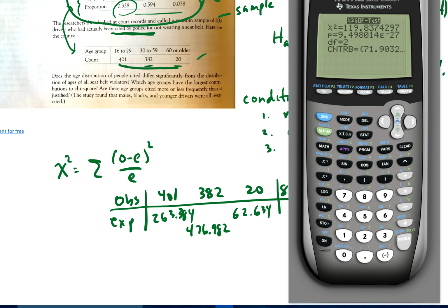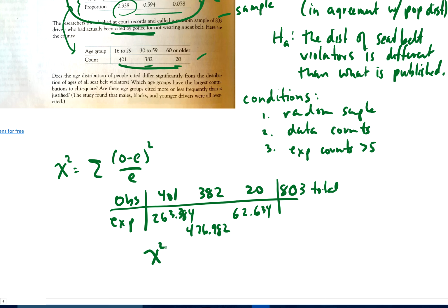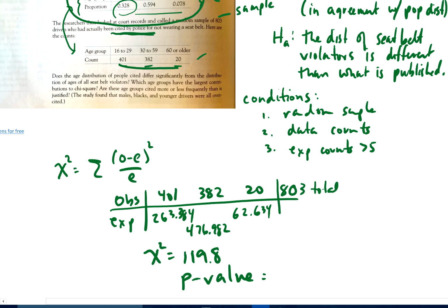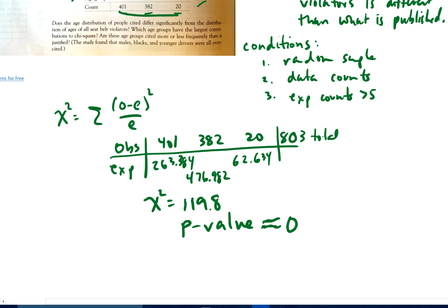And I have to report out chi-square is 119.8. And the p-value, that's a big number, is 9 times 10 to the negative 27, so that's essentially 0. That's approximately 0.